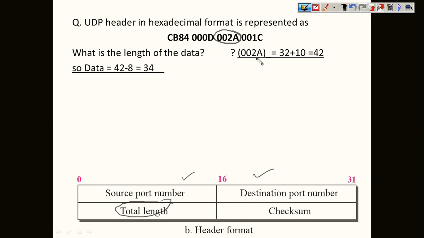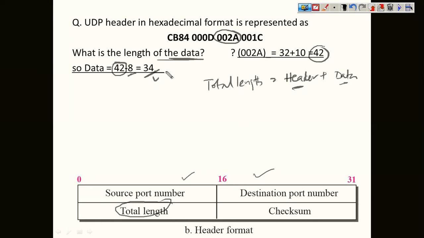If you convert it to decimal, the total length is 42, and we are looking for the length of the data. Total length is the header plus data, so you need to subtract the header part to get the data part. The header is 8 bytes, so out of the 42 total length we subtract the header and we get the data. So the answer is 34. The data size is 34 in this UDP packet.